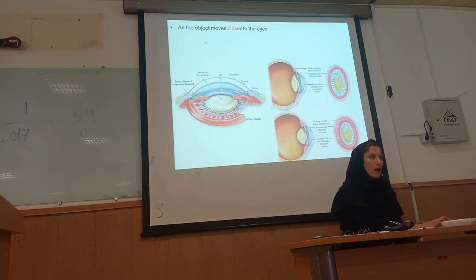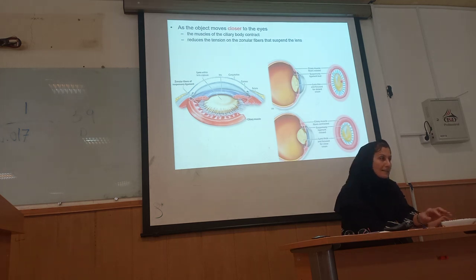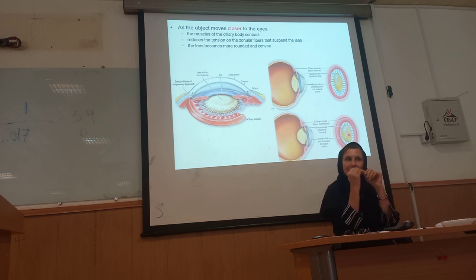When an object moves closer, what happens? The muscle of the ciliary body contracts. You can see it contract here, and it reduces the tension of the zonular fibers that suspend the lens, and the lens becomes more rounded and convex.